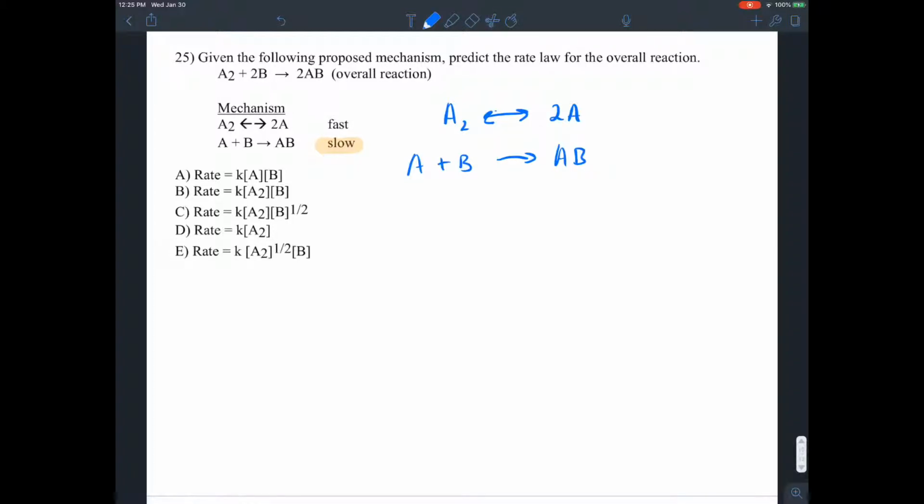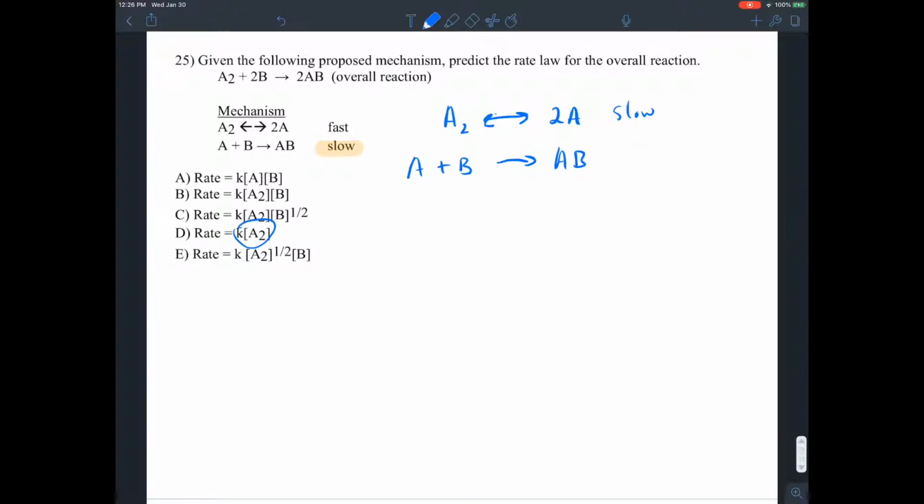Okay, so normally, if this was the slow step in the first step, we would be done, and my rate law would just be rate equals K times A2 to the first power. But because my slow step is in the second step, my rate law should be A to the 1 and B to the 1, because there's a coefficient of 1 on each of these.